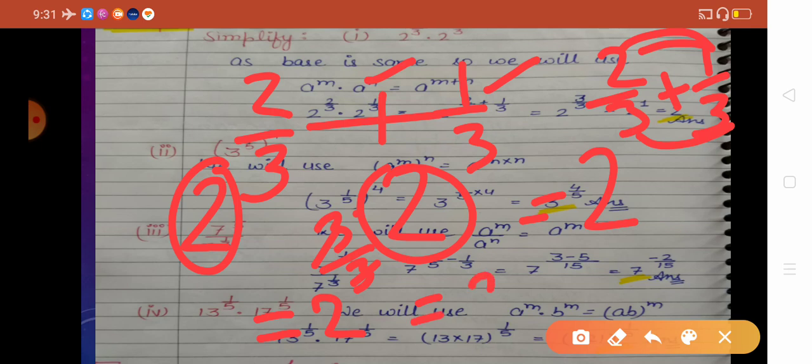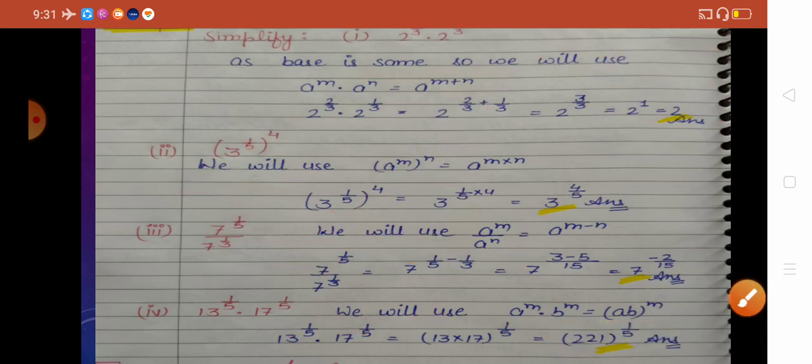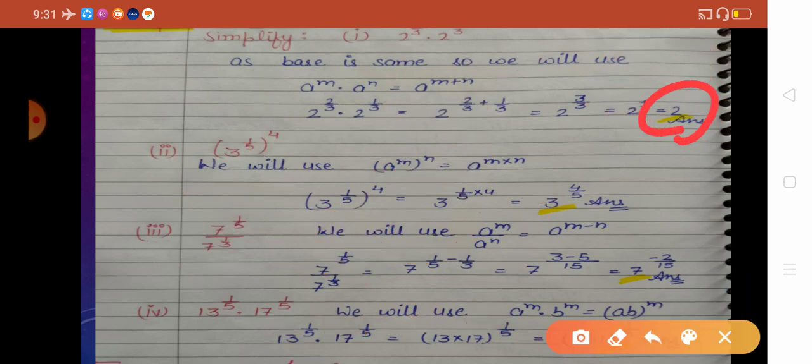After cancellation, we will get 2 raised to power 1. So the answer is 2 raised to power 1, or we can write it as 2. So we have used the law a raised to power m multiplied by a raised to power n is equal to a raised to power m plus n.